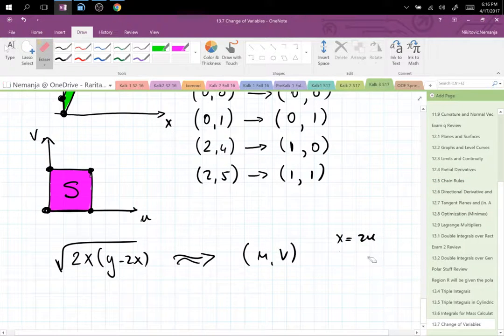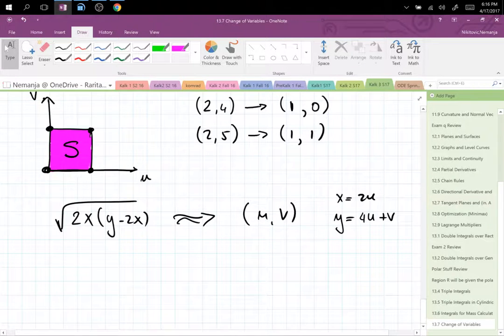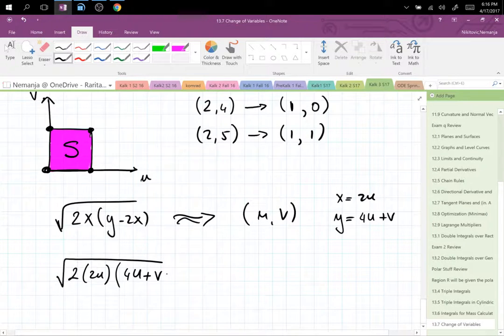No, I need y equals what? 4u plus v, thank you. So you plug these in, and you grind the algebra. So we have a square root of 2 times x is 2u, in parentheses y is 4u plus v minus, and then 2x is going to be 4u.